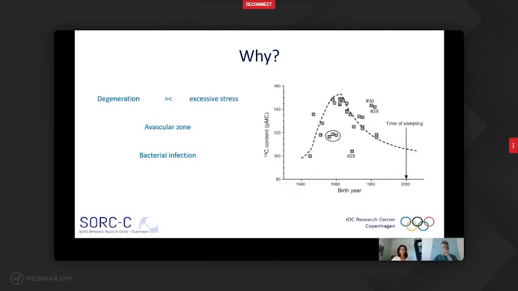And then what I think is probably the best explanatory model is that you create your tendons when you are in adolescence. This graph shows samples from cadavers, so from dead people, and it shows the content of carbon-14 in the tendon.